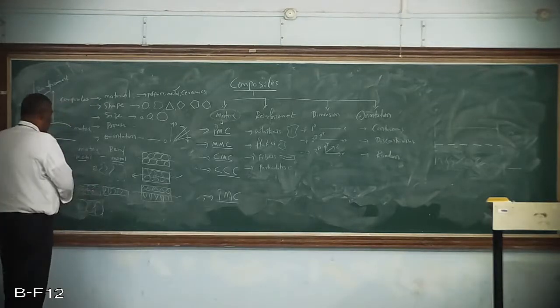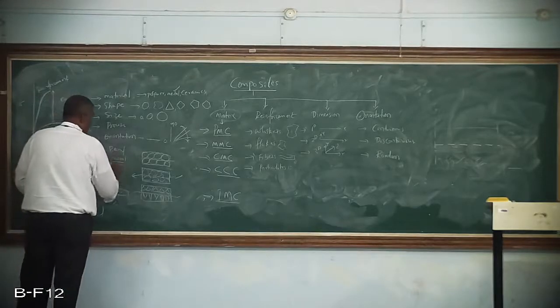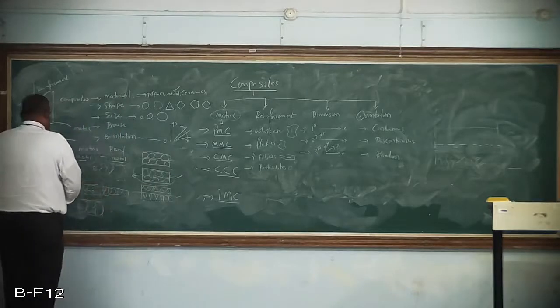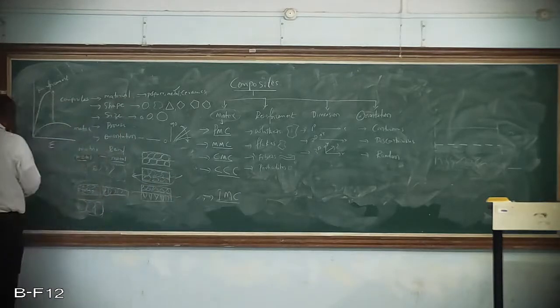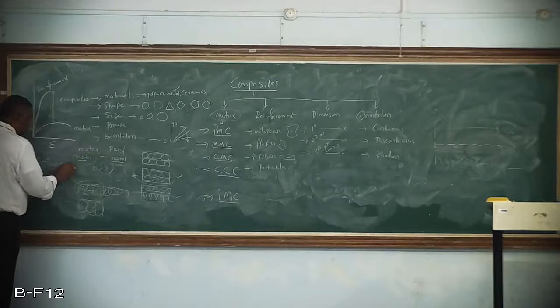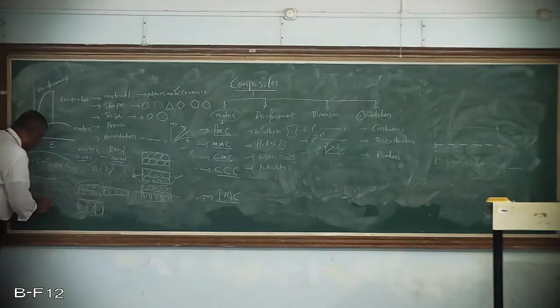Now I have fixed the metal and the matrix. Now I am going to make a combination of metal, reinforcement, shape and size. Once I combine all these things, how do I process it and make one complete product?